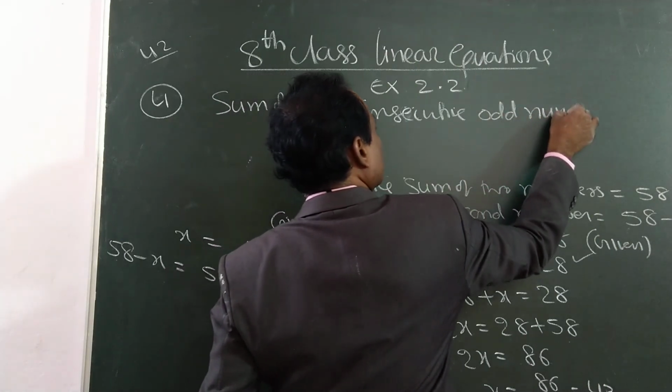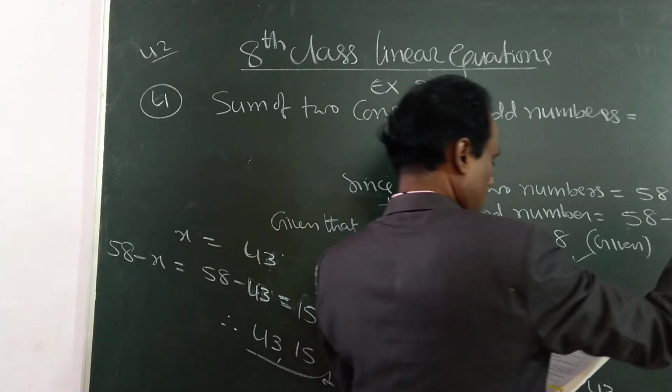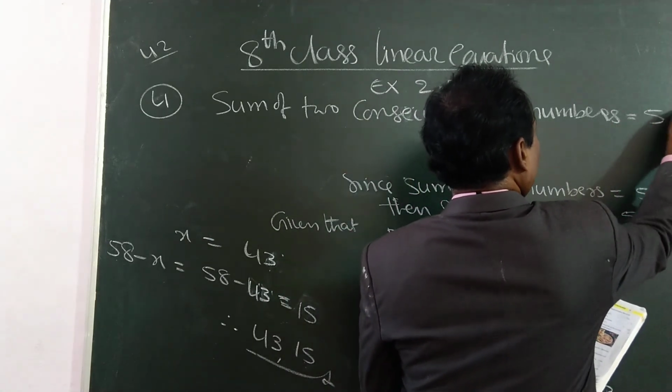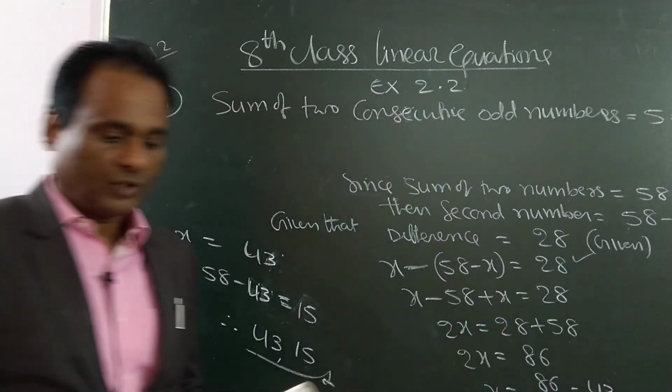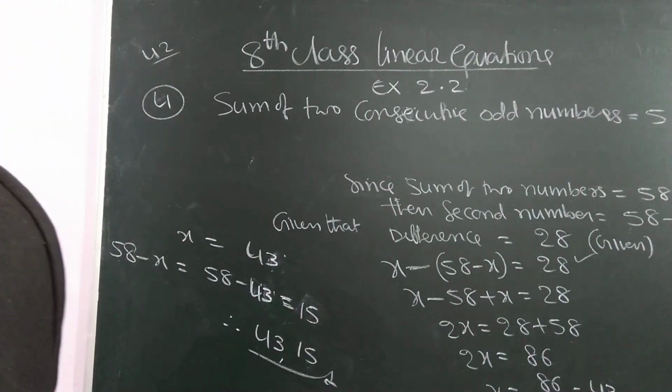You read the question. Sum of two consecutive odd numbers is 56. Find the numbers.